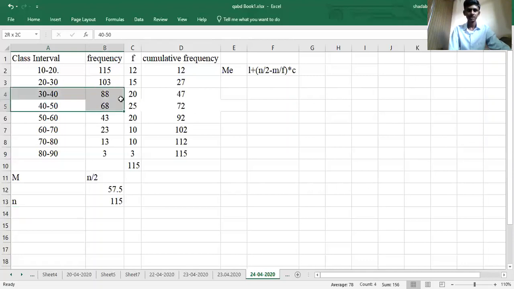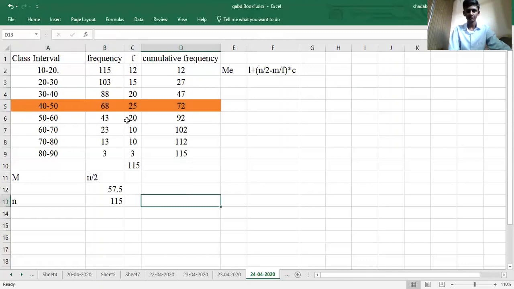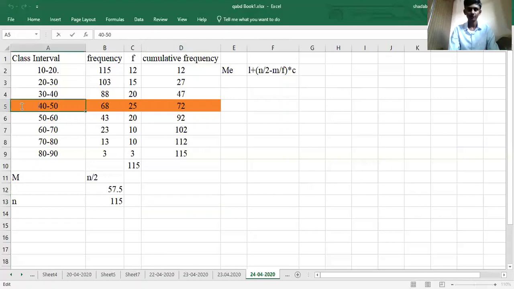This one is your middle class. The lowest value will be L. Which one is the lowest value? 40. I will write here L equals 40.